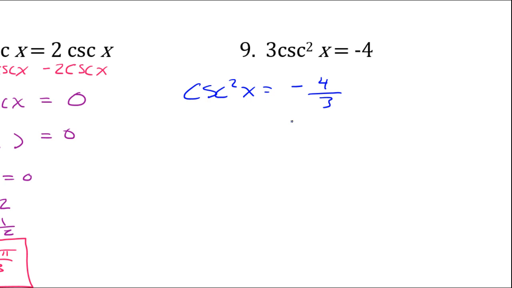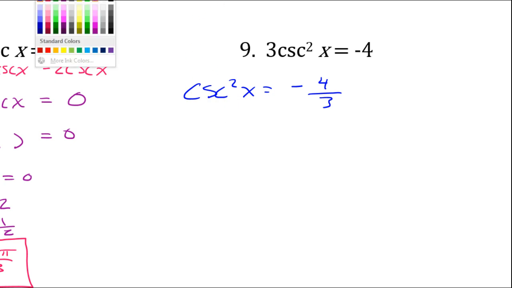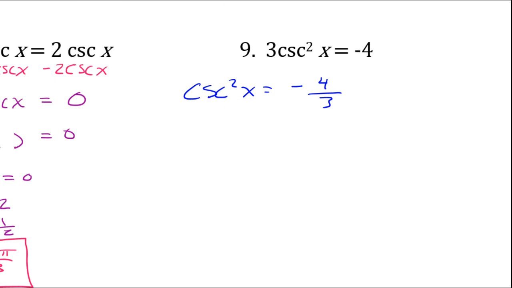This makes me very uncomfortable because I need to take the square root of both sides. But if I take the square root, I'm going to get imaginary numbers. So that does not seem okay.